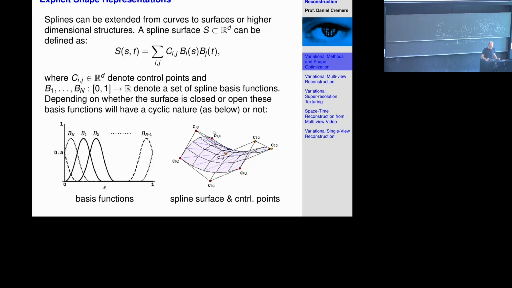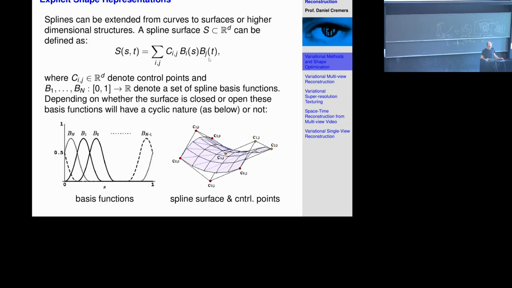And so you can do shape optimization with splines. Rather than moving the whole surface, you move the control points that control the surface. Again, a very compact representation of shape.